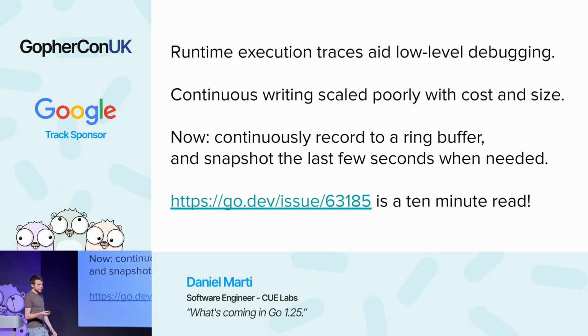What you actually care about is recording that data, but only storing it when something interesting happens, such as, for example, suppose that suddenly there's a memory spike, or suppose that something panics, and you want to see what the goroutines were doing at that time. So the new flight recorder continuously records into a ring buffer, and then you can tell it, okay, now something interesting happened.